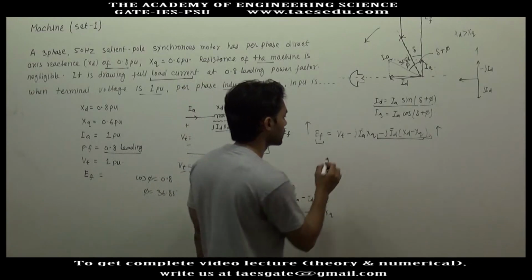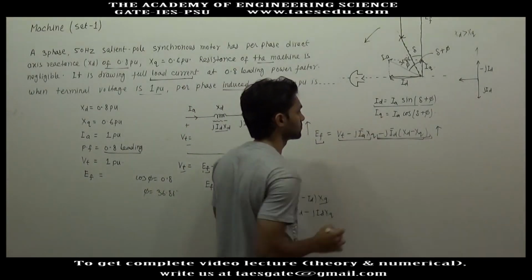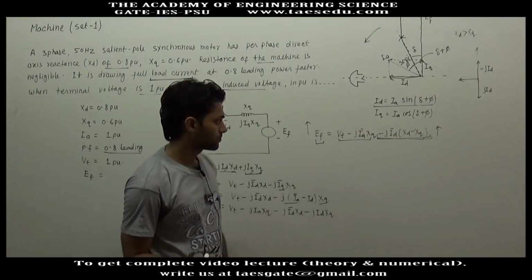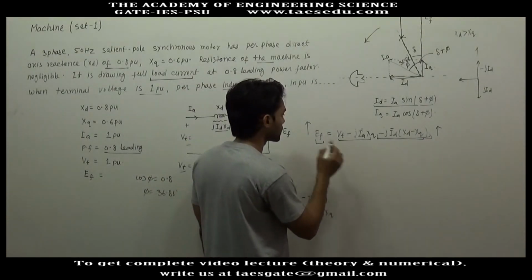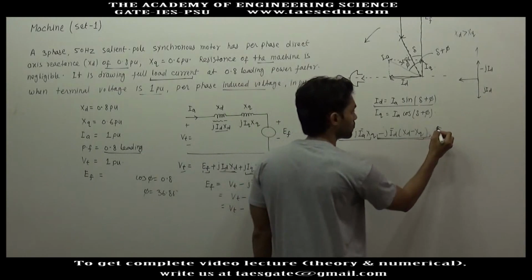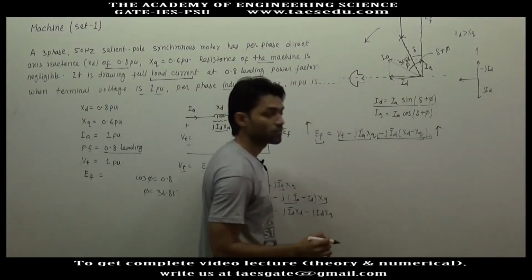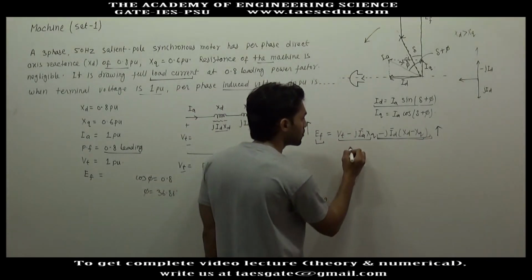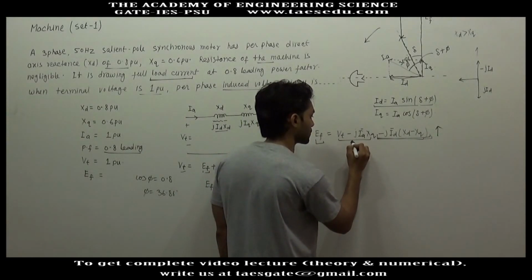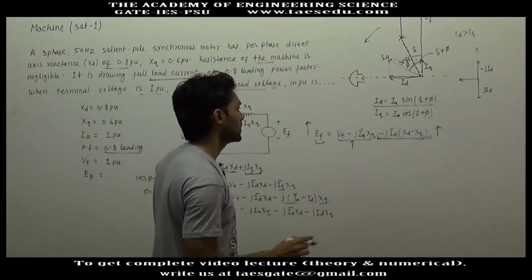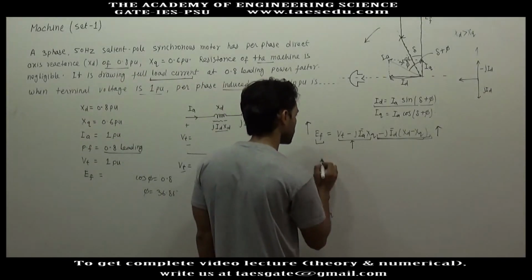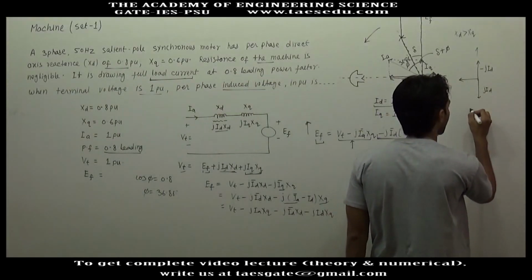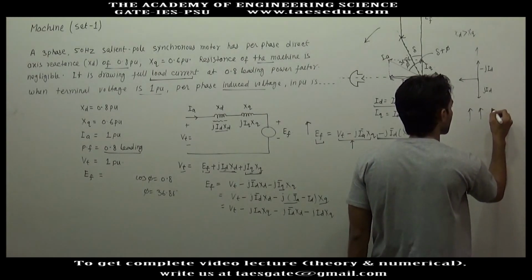Okay, so what will be the direction of this vector? We have the sum of three vectors. Out of these three vectors, two are in upward direction. The two vectors are collinear. So from the property of vectors, this will also be in the same direction.